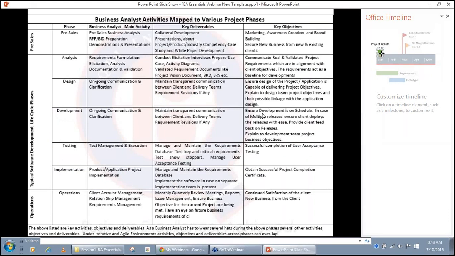What I have done, I have just paraphrased or organized these activities, deliverables, and objectives of a business analyst across the typical steps of the software development life cycle, then in the operations or the support phase, and also in the pre-sales phase. So you can have a look here.